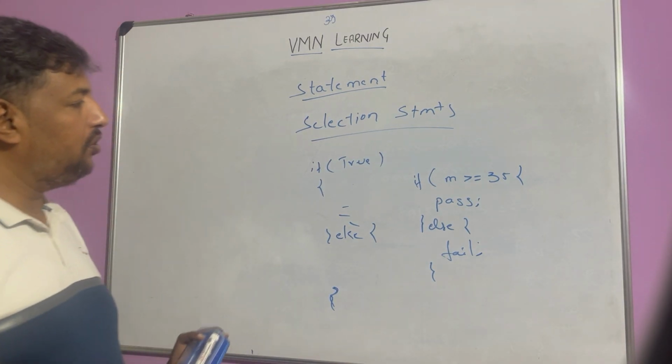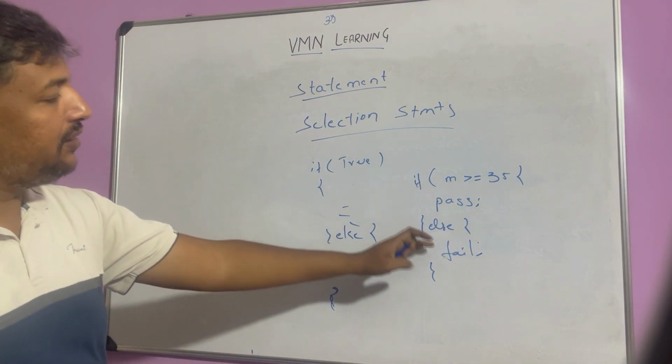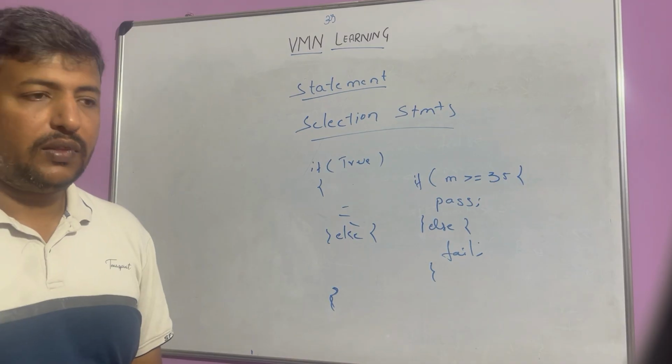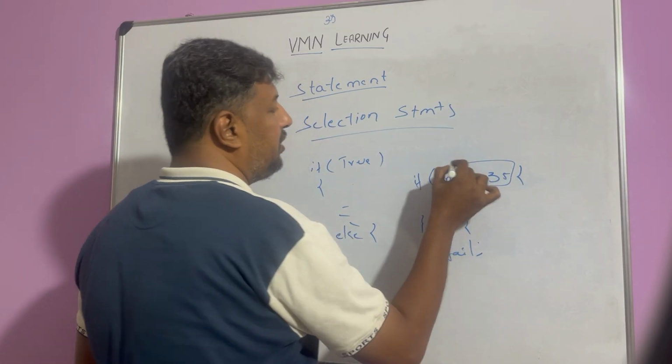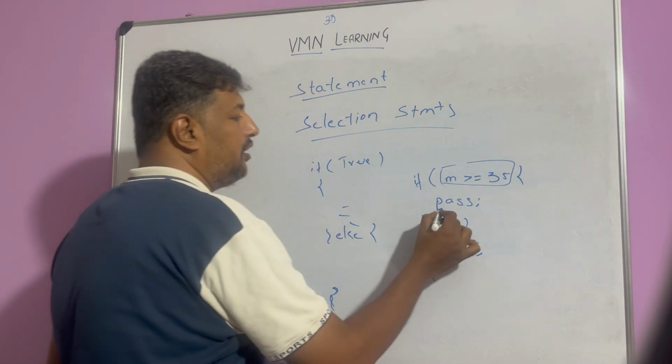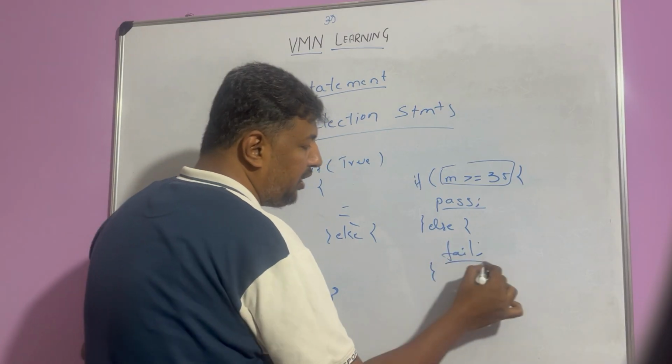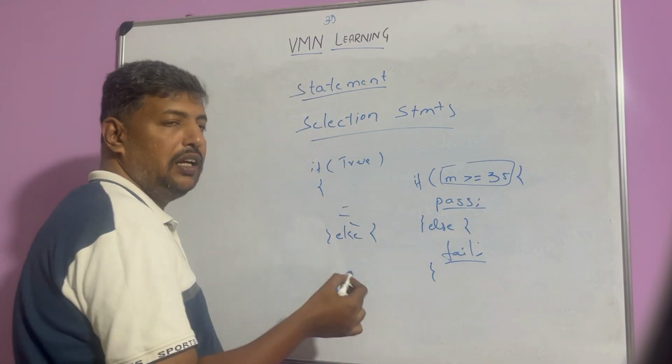So this is if and this is if else. It always evaluates this expression. If this expression holds true, then it executes this, else it will execute the else part here.